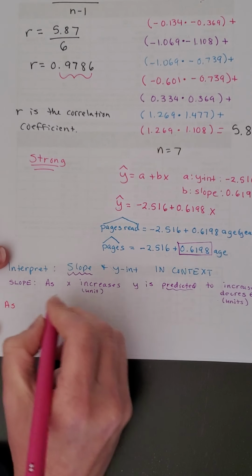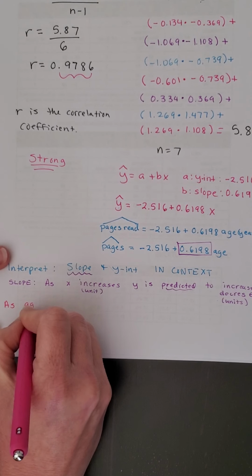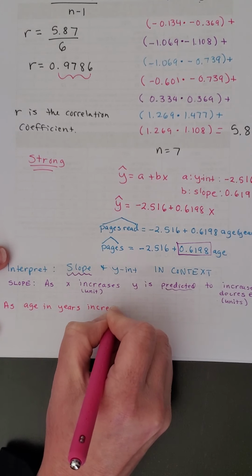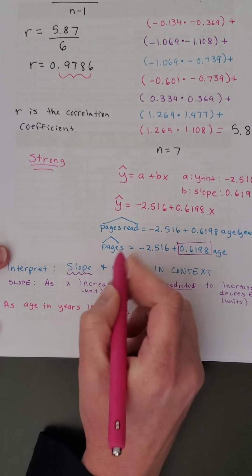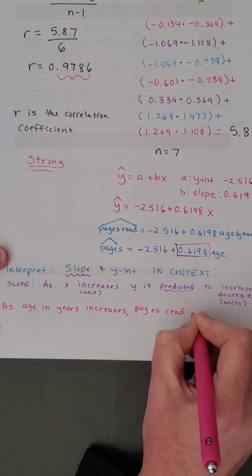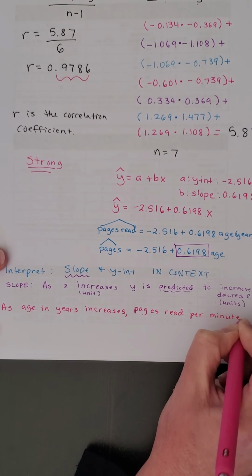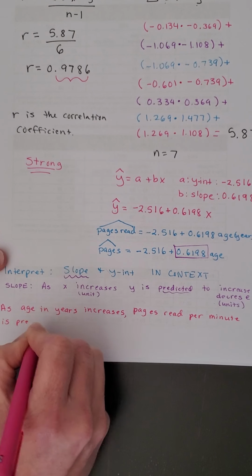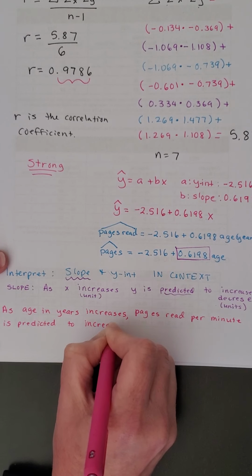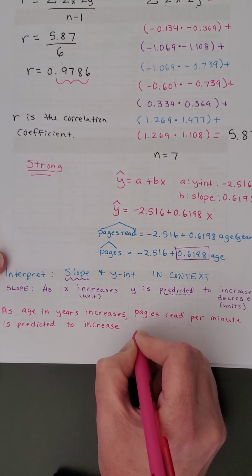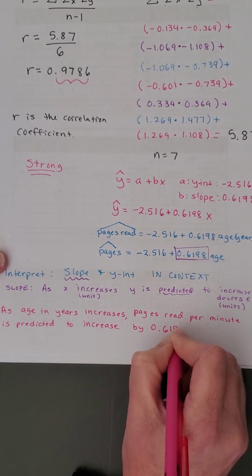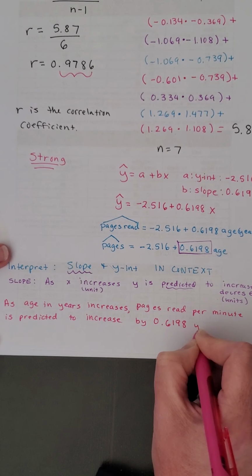So as age in years increases, pages read per minute is predicted to increase by 0.6198 years.